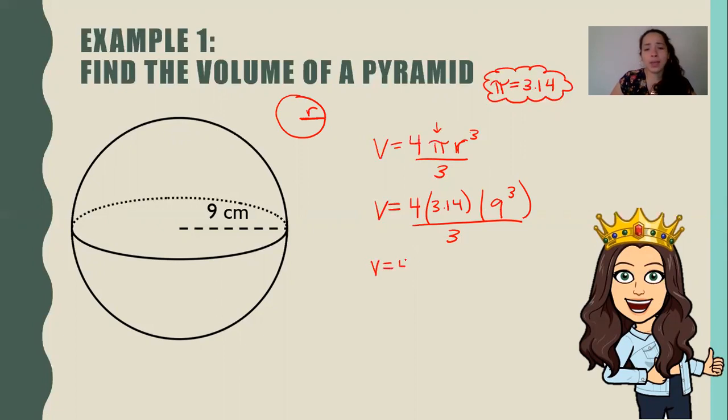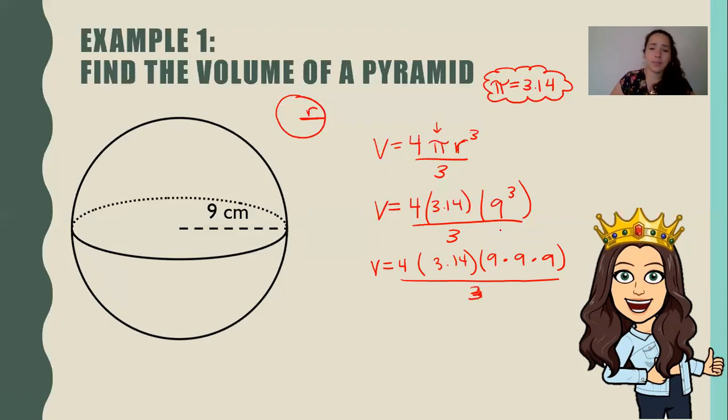Now I can either figure out what 9 cubed is, or 9 cubed means 9 times 9 times 9. That's what that means.